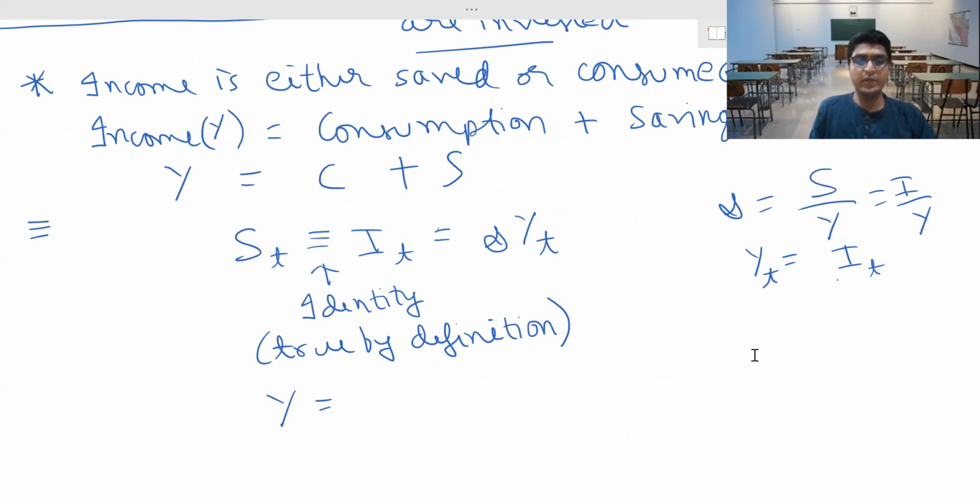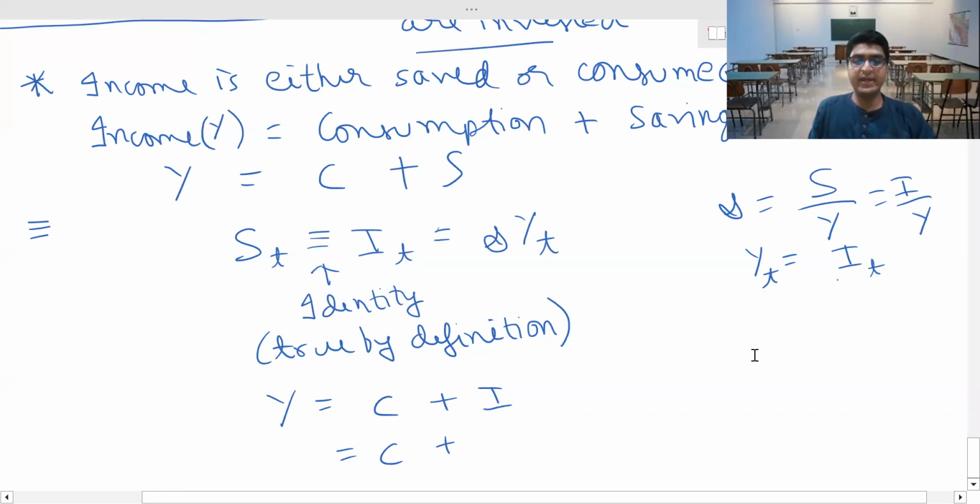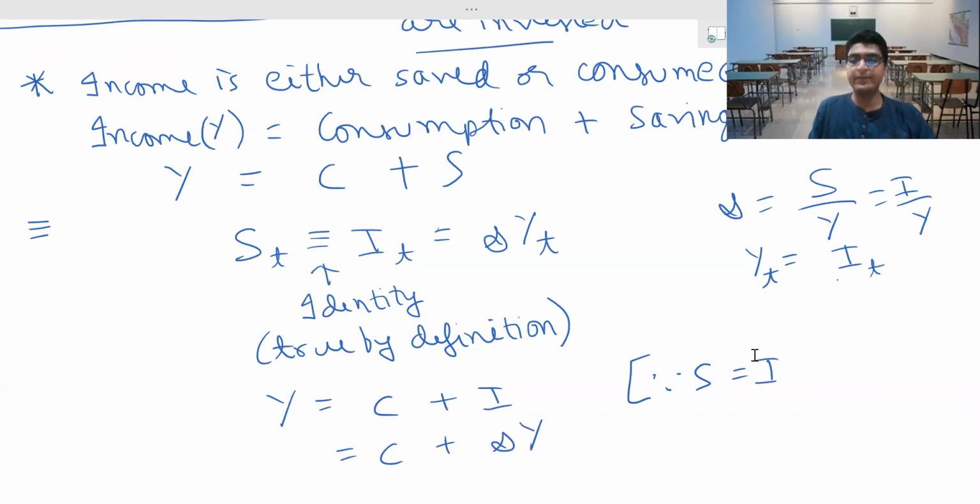So since Y is equal to C plus I, C plus I can be written as s into Y, because S is equal to I. Saving is equal to investment.